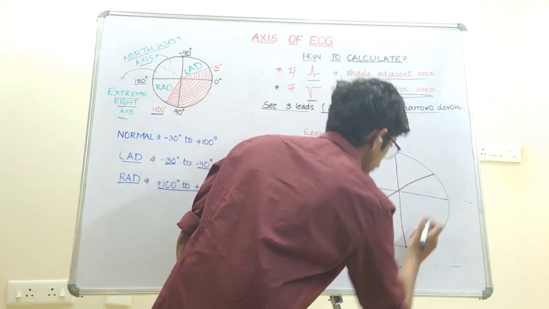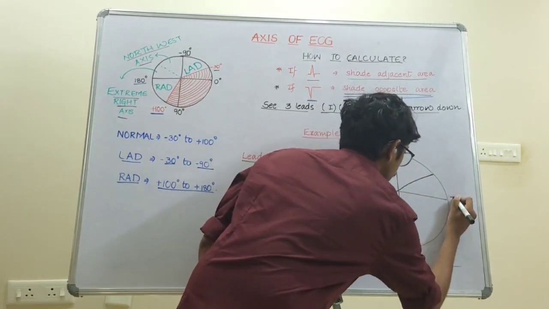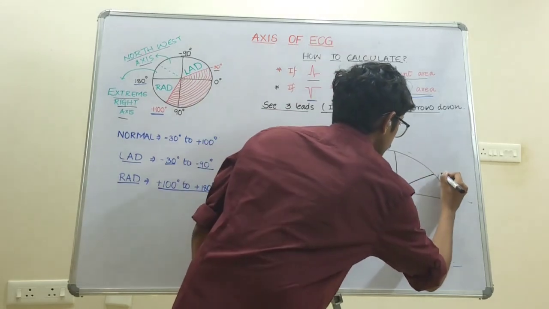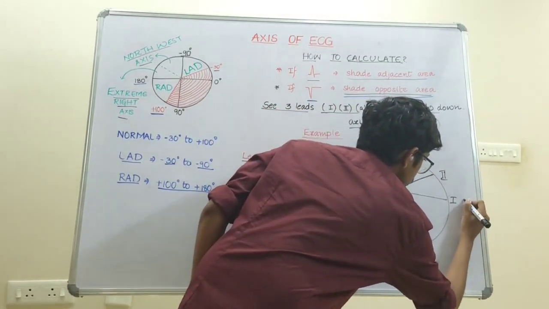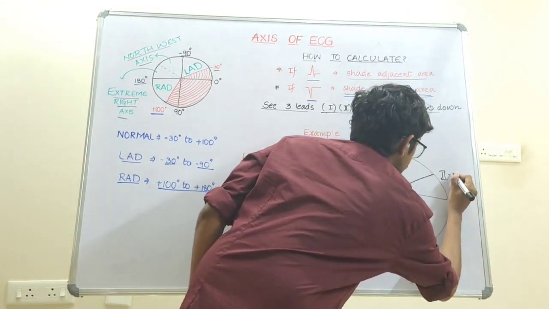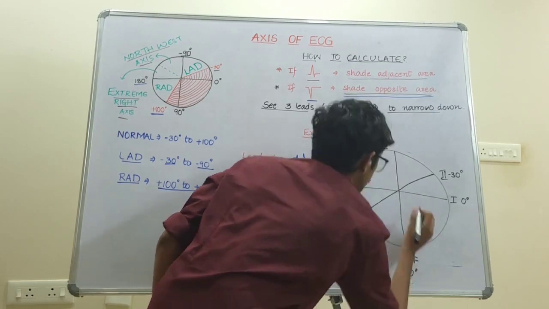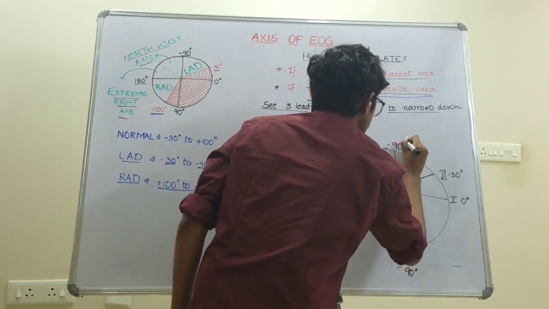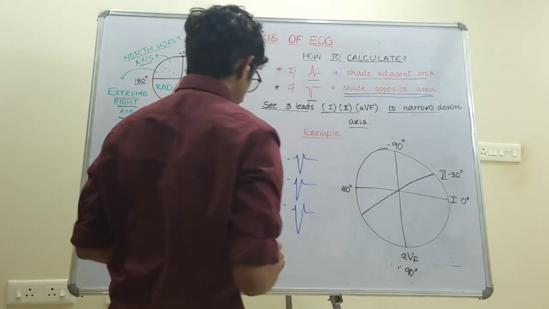This is the perpendicular line to lead AVF. This is the perpendicular line to lead 1. And this is the perpendicular line to lead 2. This is 0 degrees, minus 30 degrees, 90 degrees, minus 90 degrees, 180 degrees. First see lead 1.